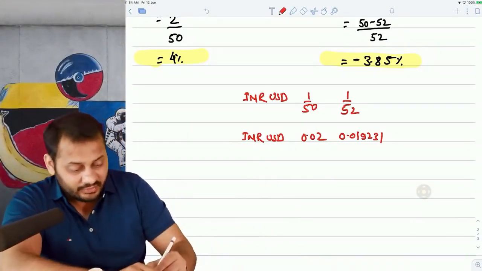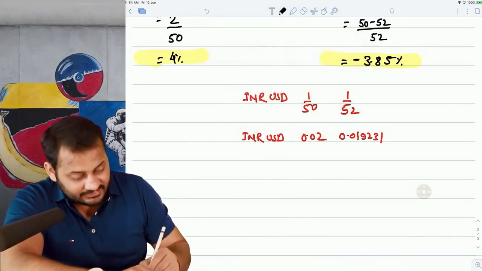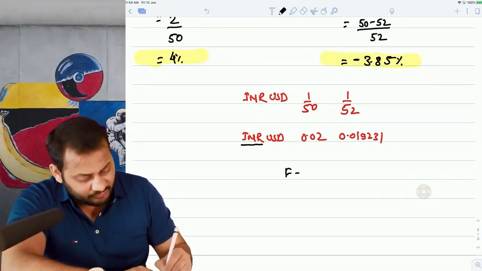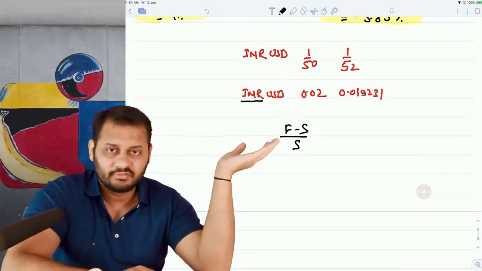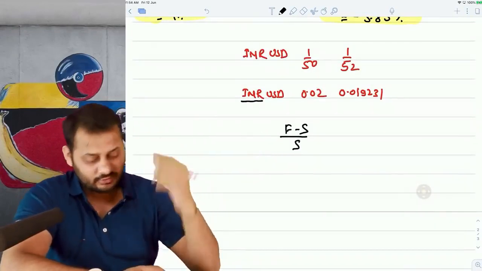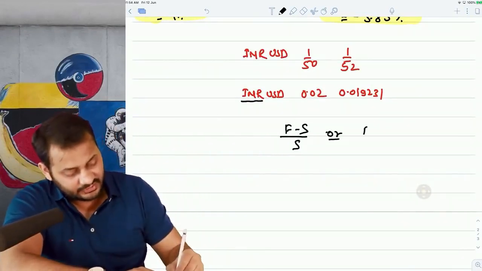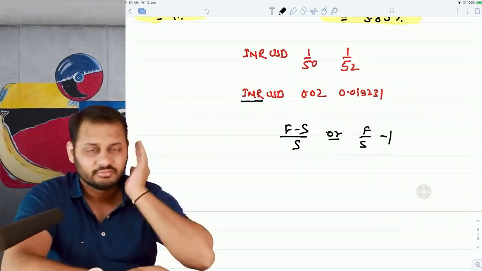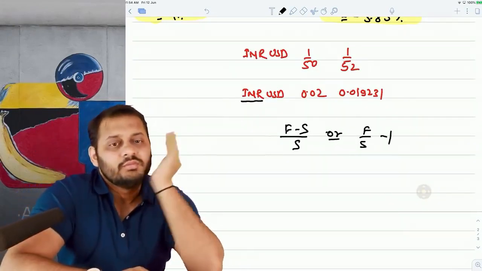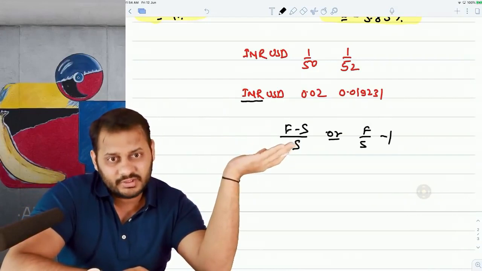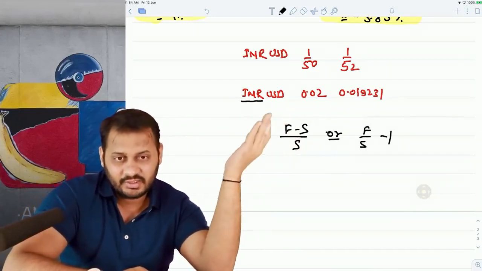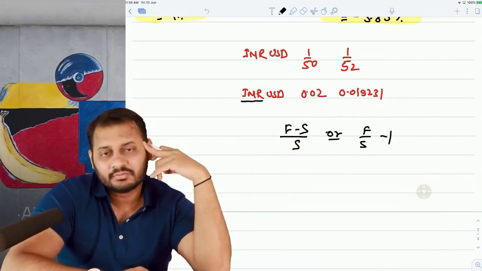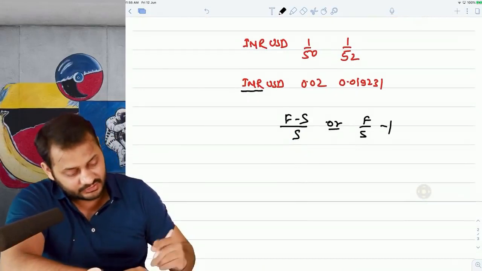So here you will realize that the base currency is INR, and now apply the same formula. At this time you need to remember only one formula, F minus S divided by S, or you can take it like this, F by S minus 1, because S is the common base for both. So F by S minus S by S, and S by S becomes 1. So you can use that one also. Let's use it and find out what the answer is.